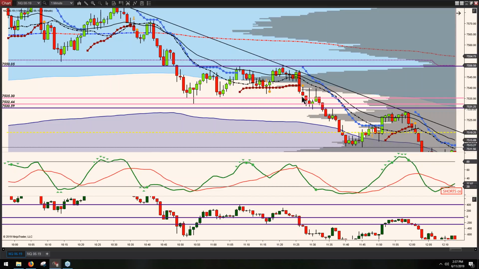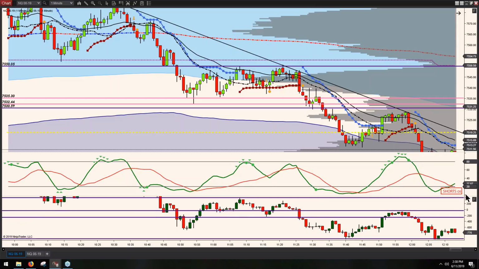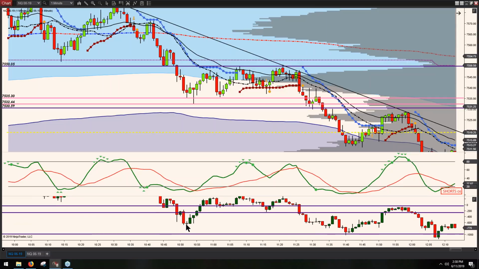And once you're in and it starts to approach this area here where I have these 2 pink lines, you can see that the sellers are still holding it in that general area, but they're not able to push it through here yet. And you can see it establishes back here an area of support, right?